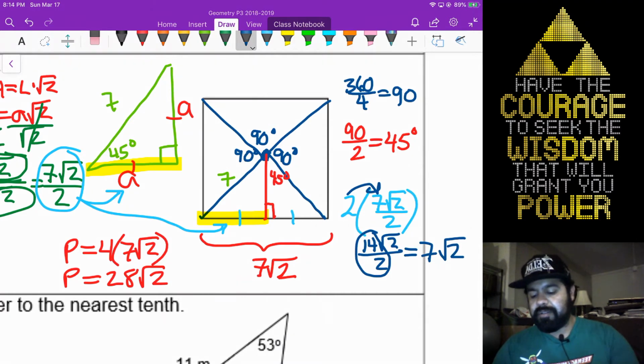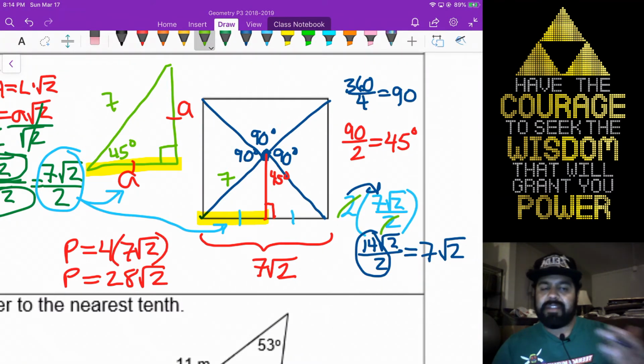You can also say, oh look, because I'm doing a whole number times a fraction, you can reduce, right? You can cross cancel. I guess it's called cross canceling. I don't like that phrase. But either way, you're going to end up with 7 rad 2.